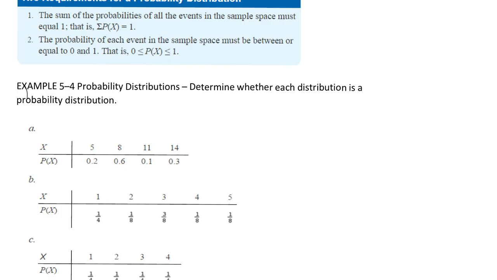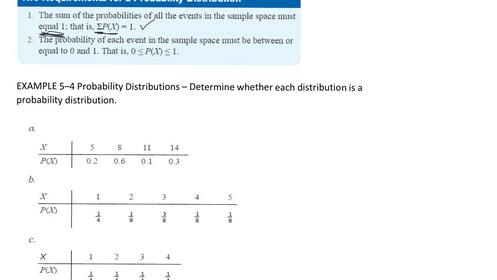There are two requirements for the probability distribution. First, the sum of the probabilities of the events in the sample space must be equal to 1. Okay, we know that should be true. That is, the summation symbol, the sum of probabilities has to equal 1. So if you added all the numbers together on the bottom part of your table, it should equal 1.